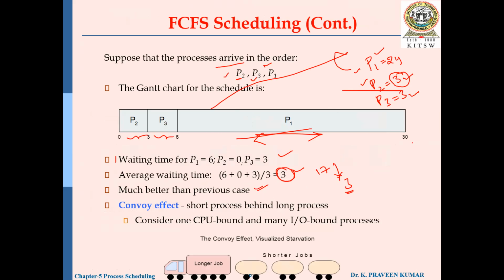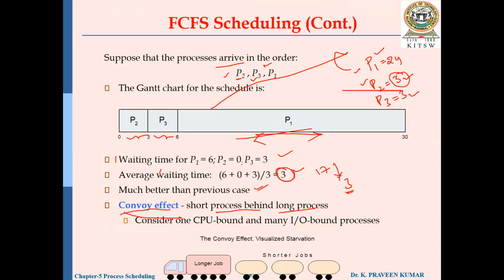Whenever a short job is waiting for a long job to complete, the short job is waiting for a long time. Such an effect we call the convoy effect: the shortest process behind a long process.